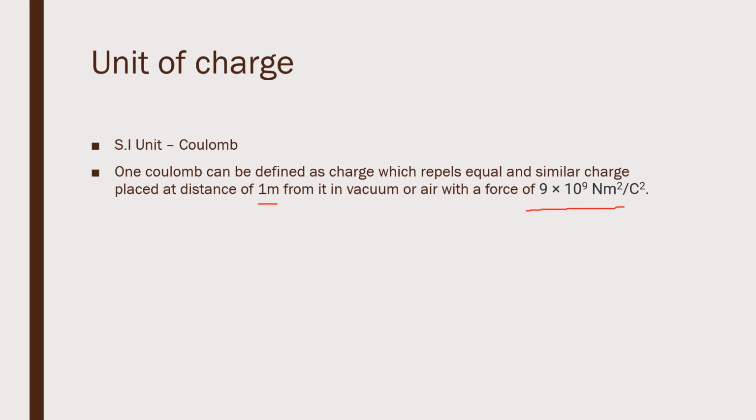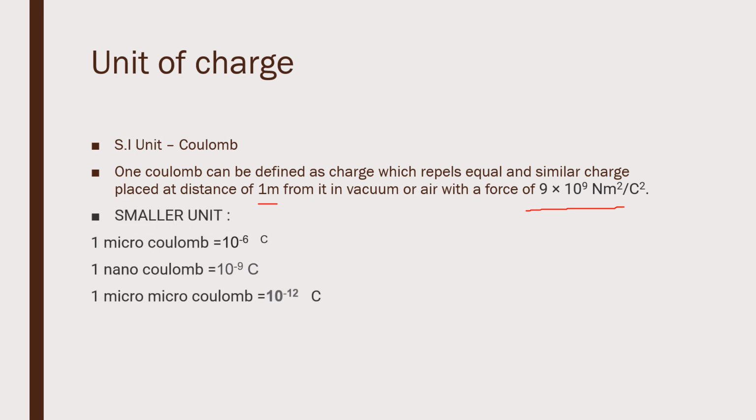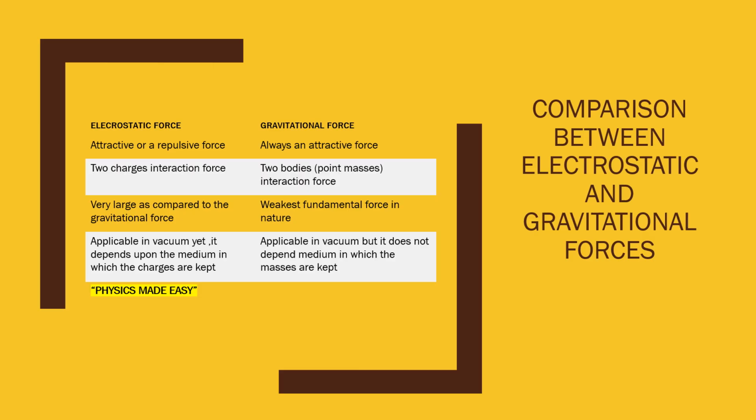There are some other smaller units of charges: the millicoulomb, microcoulomb, and nanocoulomb. And here is the scale to represent 1 millicoulomb, 1 microcoulomb, and 1 nanocoulomb in units of coulomb.